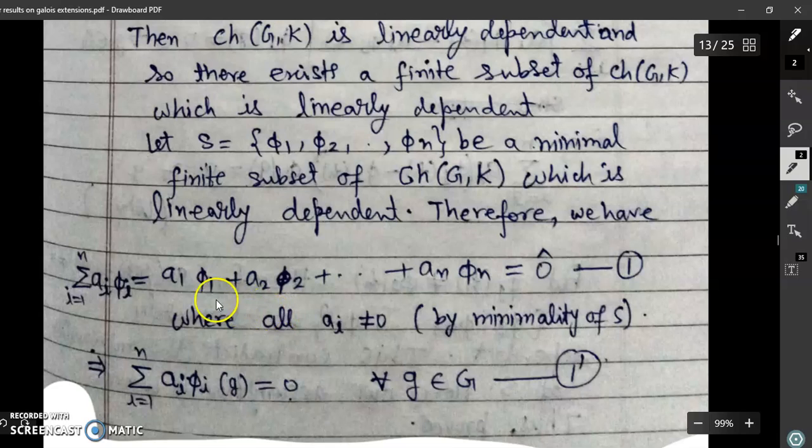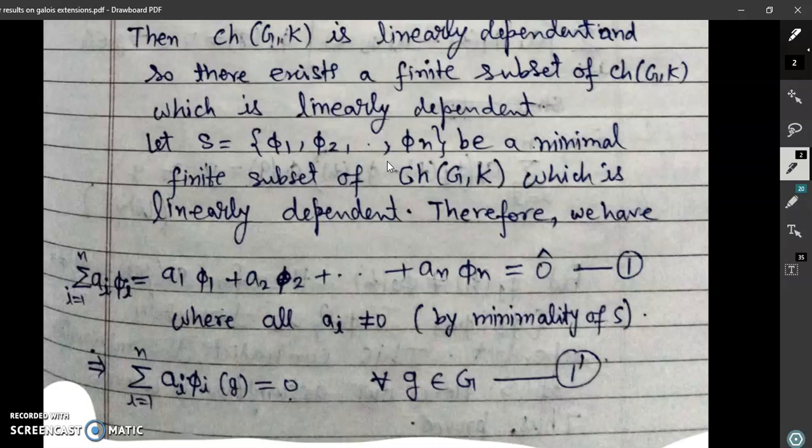For example, suppose that a1 is 0. If a1 is 0, then we have a2 phi 2 plus ... plus an phi n is equal to 0, which suggests that phi 2, phi 3, ..., phi n is a linearly dependent subset, which is a subset of S. But S is a minimal subset, so no proper subset of S will be dependent.